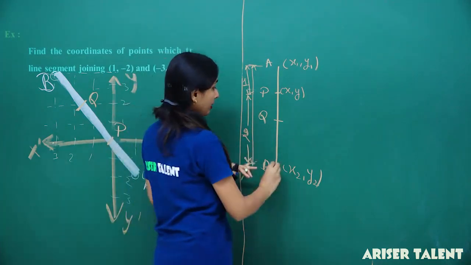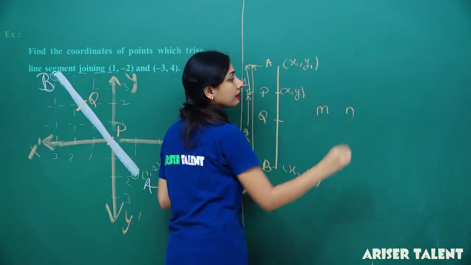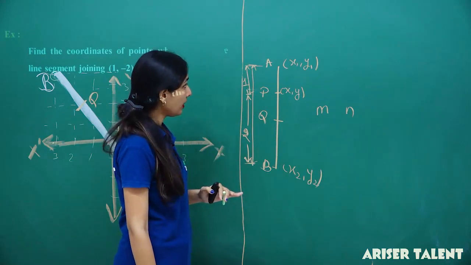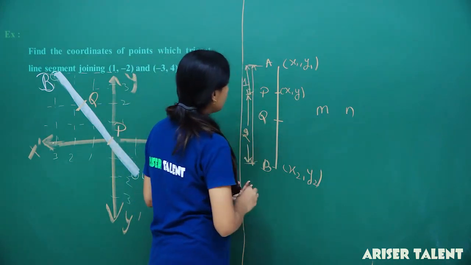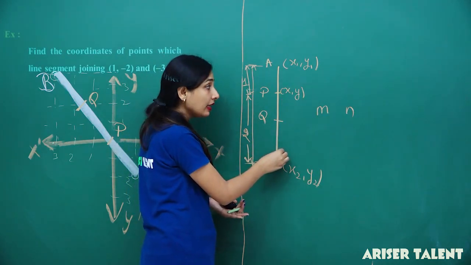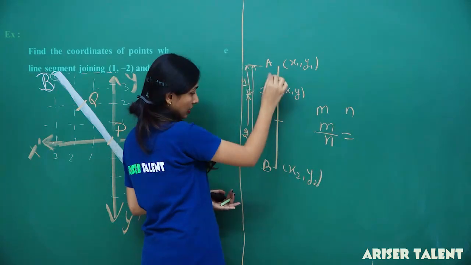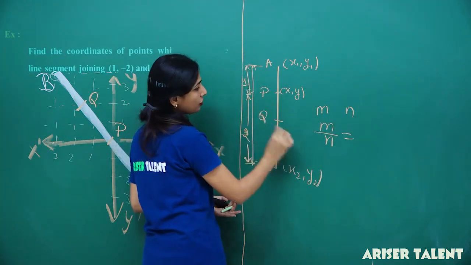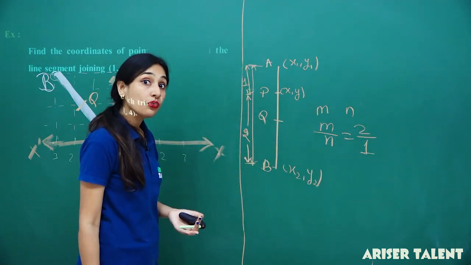So basically, if I talk about M and N, then M by N is what? This complete M is 2 and N is 1.